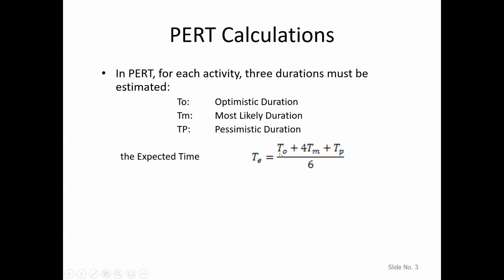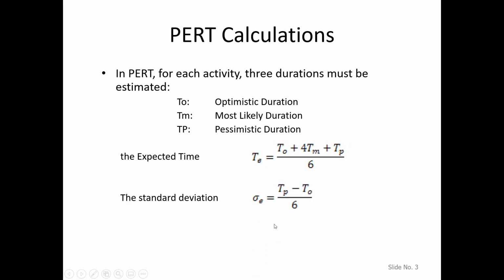So the expected time is then calculated by this formula for this activity. In this case, the most likely duration is given a higher weightage than the optimistic and the pessimistic duration. So the expected time for the activities is calculated.